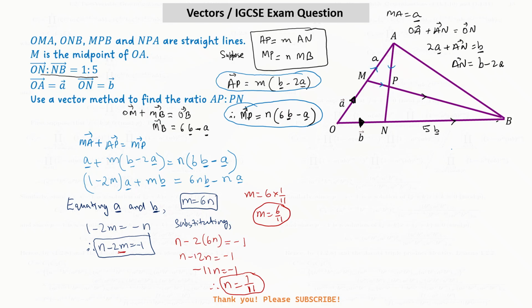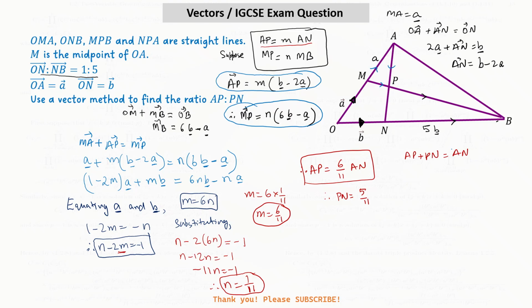So now if we look at AP, it is 6 out of 11 times AN. So PN is equal to 5 out of 11, because AP plus PN is AN.